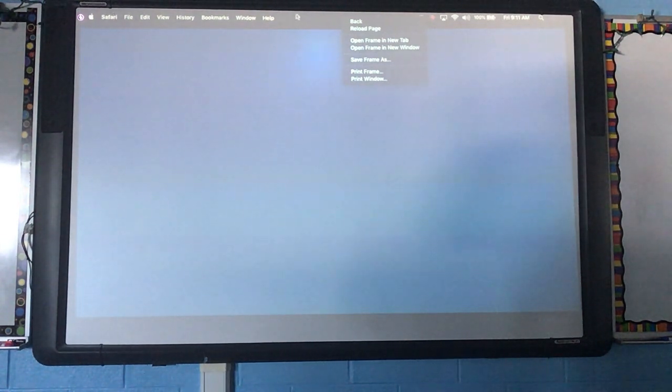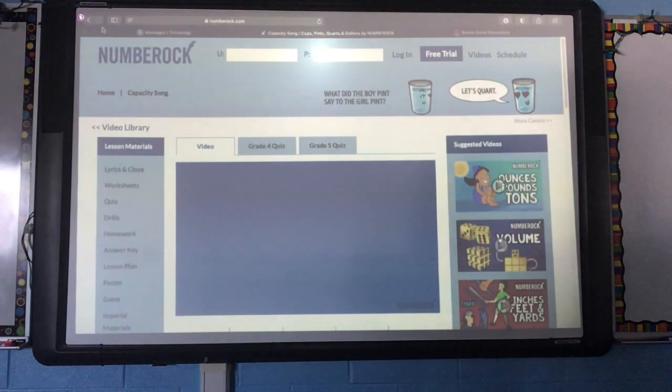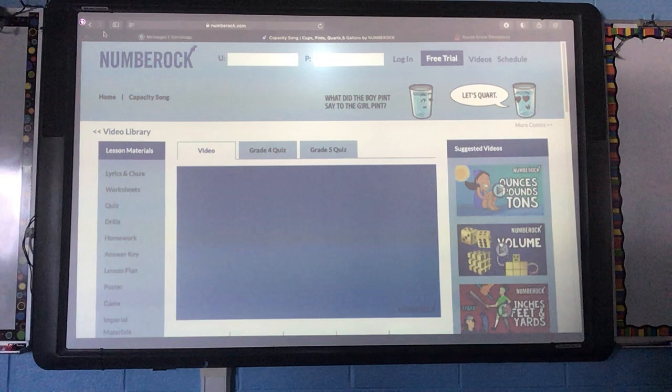So capacity, they were talking about how it's not the same as volume, right? What did you notice about what was inside of the containers that they were showing us? They showed us quarts and pints and cups and gallons. What was inside all of those?